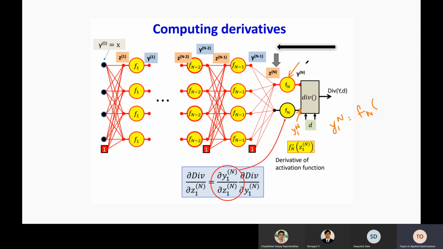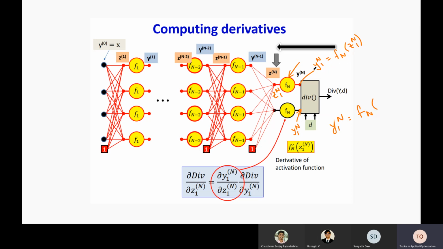So let us focus here. This output is y1n, and this was obtained after I applied f on z1n. So this was z1n, right? So y1n was obtained after I did f of z1n.